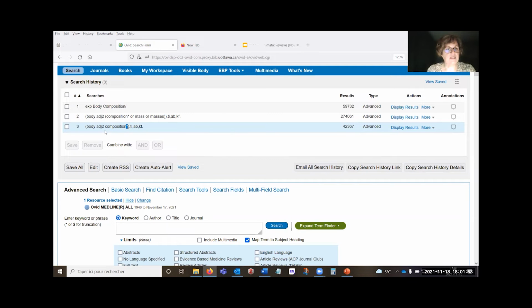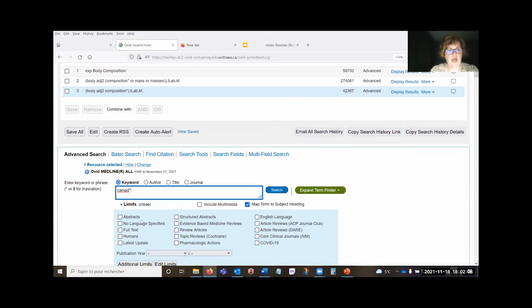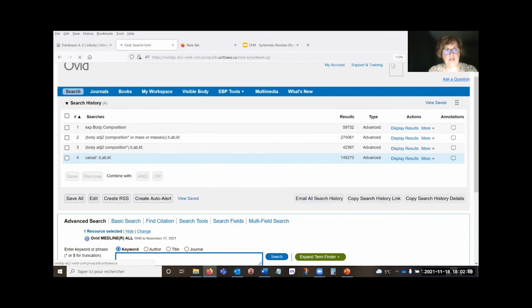And the last thing I need to explain is truncation. So what is truncation? I'll give an example. Let's say you want articles that are Canadian content, or research done in Canada. Maybe you search the word Canada. I would remove the A at the end of Canada and add the asterisk and search it, again, in title, abstract, keyword.